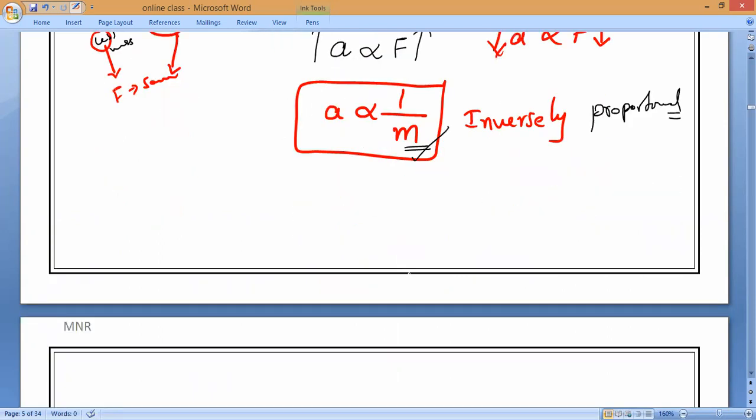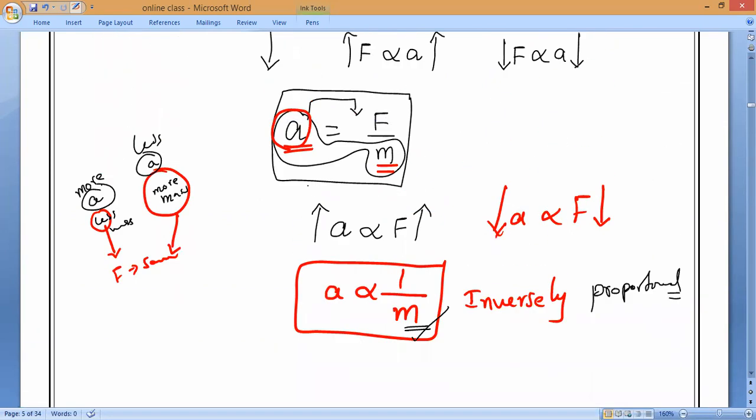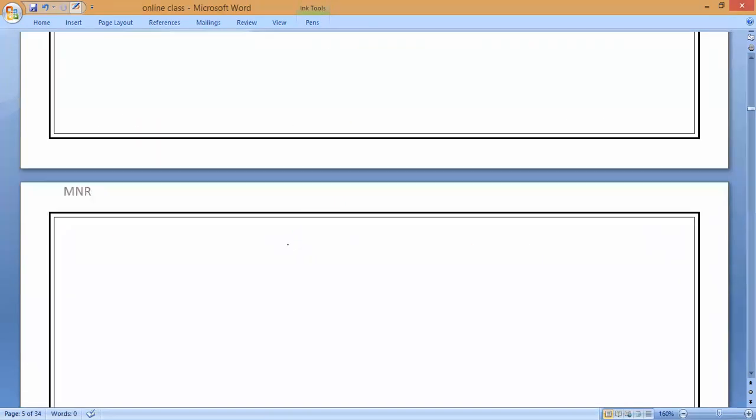Now, let me take force and acceleration. What is the relation between force and acceleration? Directly proportional to each other. If you are not opening your mouth, I don't want anybody. How many times am I asking? What is the relationship between acceleration and force?